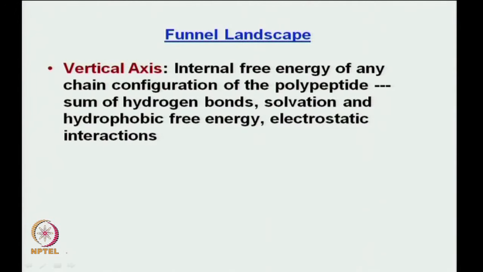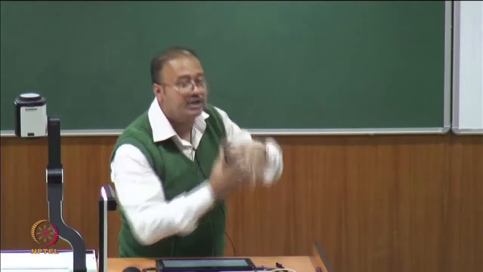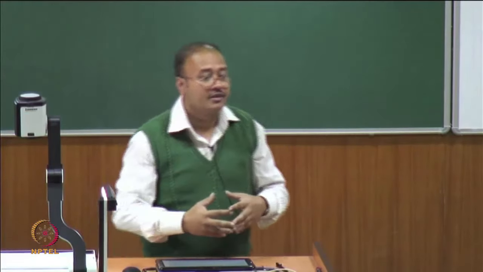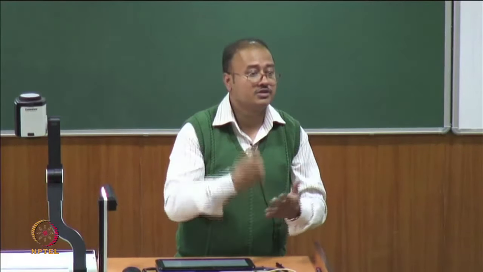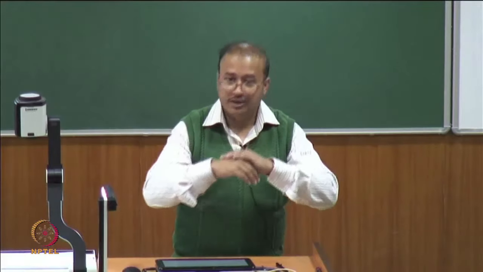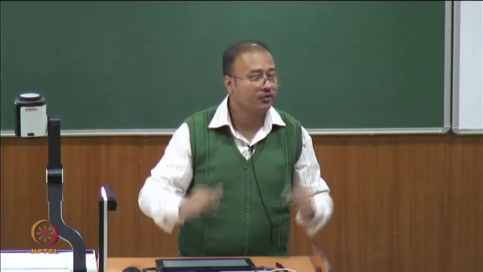So in this funnel landscape, what is my vertical axis? It is the internal free energy of any chain configuration of the polypeptide. That means, when the protein is coming from the denatured to the native state, it is gaining interactions, right? Hydrogen bonds, van der Waals forces, salt bridges, dispersion forces, hydrophobic forces, all these things.